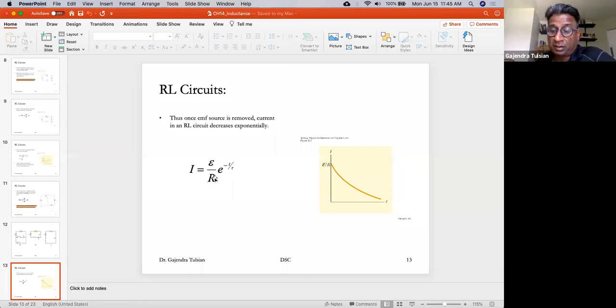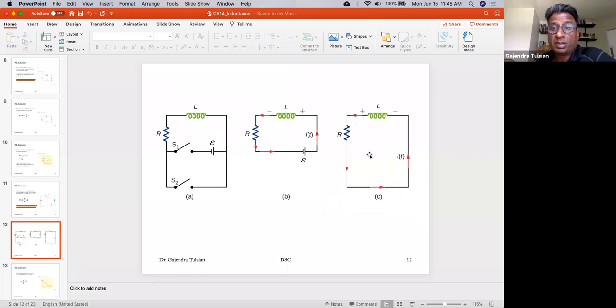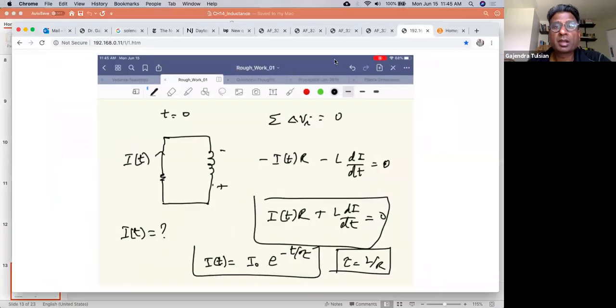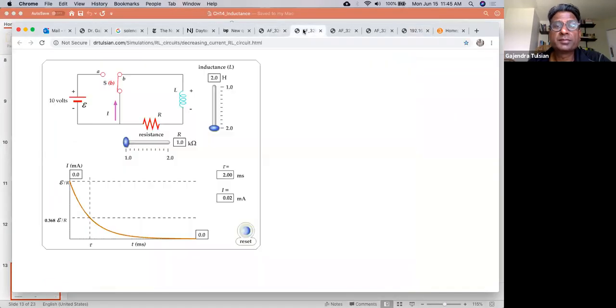So again, what we did was we modeled this system. We saw that the current in this thing was decaying exponentially, and here is the functional form for the current. And again, tau, the time constant is L by R. Okay. So again, let's go to that simulation.